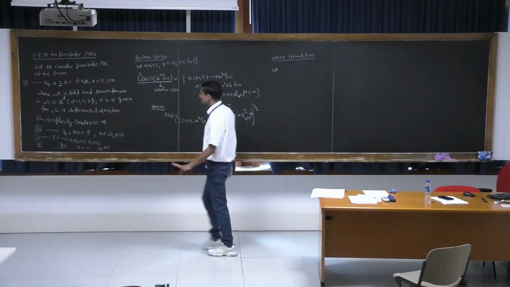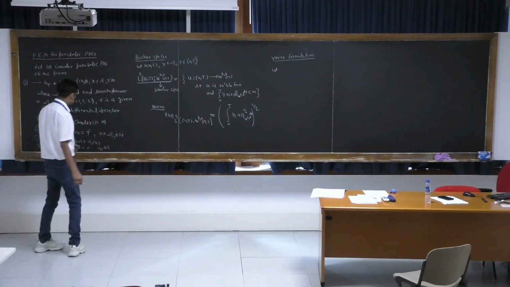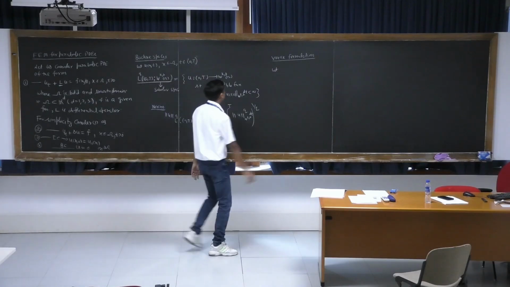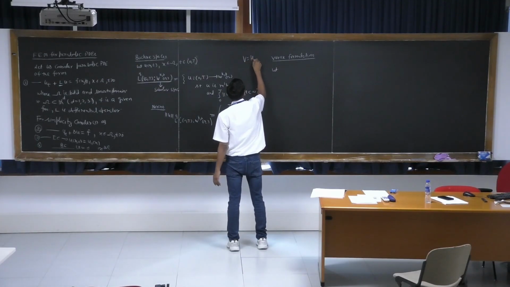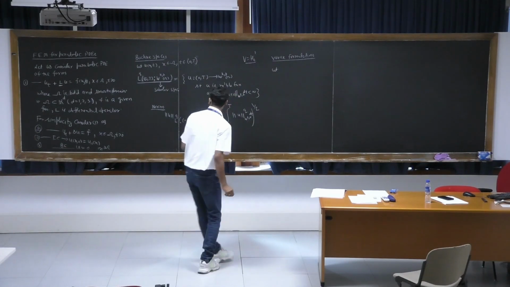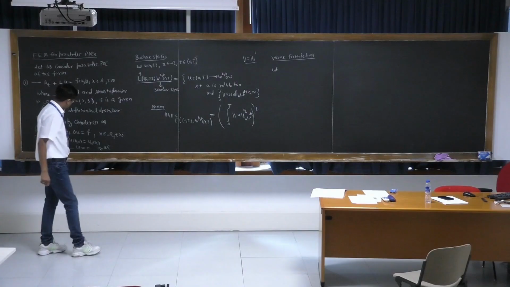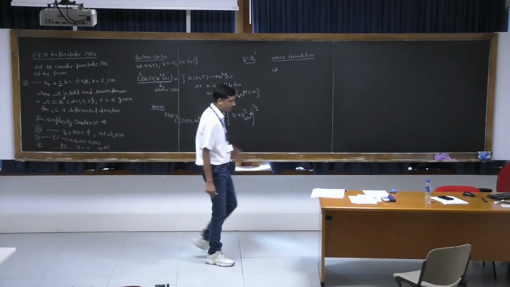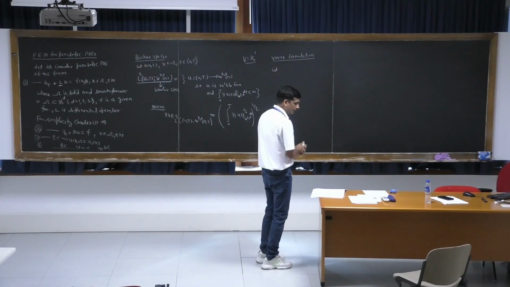Obviously you can see that because at the boundary u is equal to 0, our space V here will be H_0^1. Remember, for this Laplacian u equal to f, an elliptic PDE, yesterday we showed that the maximum space for the solution is H_0^1. So same here, just one variable extra.